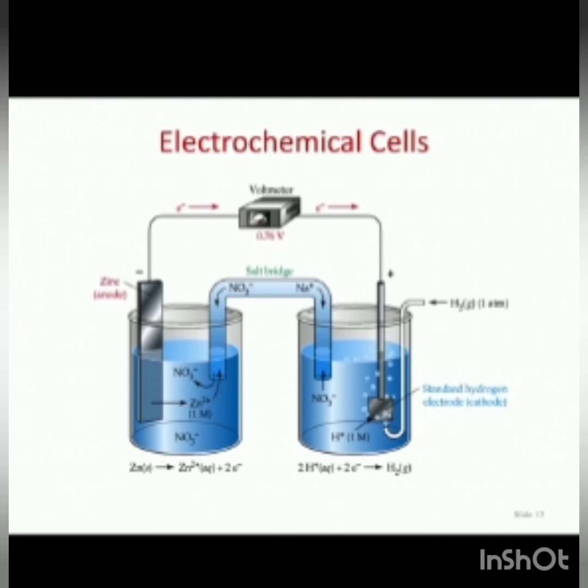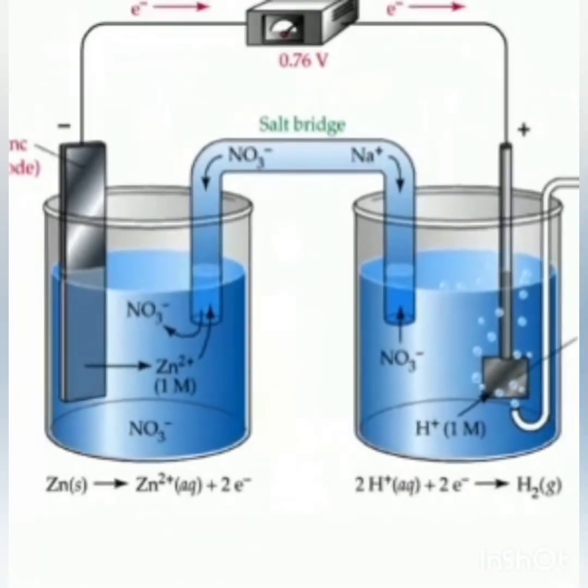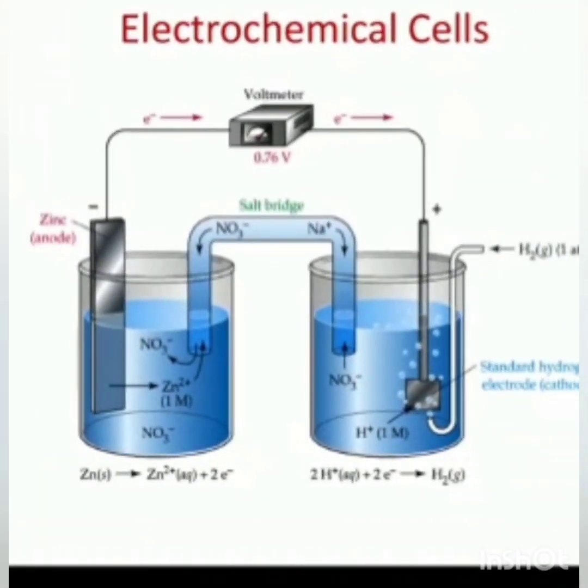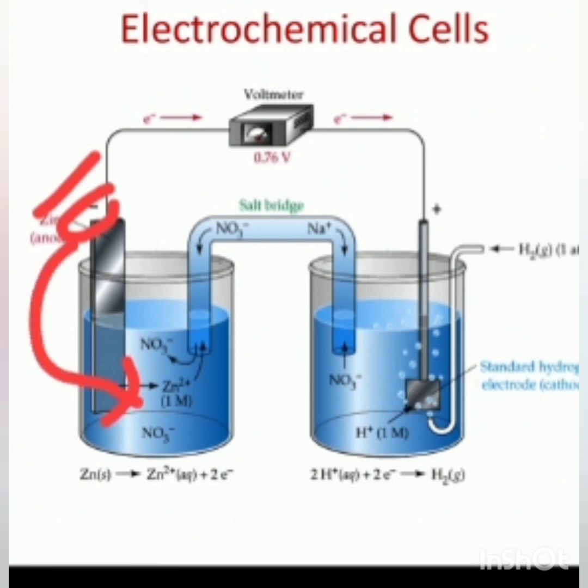Electrochemical cells, this is the important electrochemical representation of an electrochemical cell. Here the zinc plate acts as an anode, which is negatively charged. The zinc strip is dipped in copper sulfate solution or copper nitrate solution.